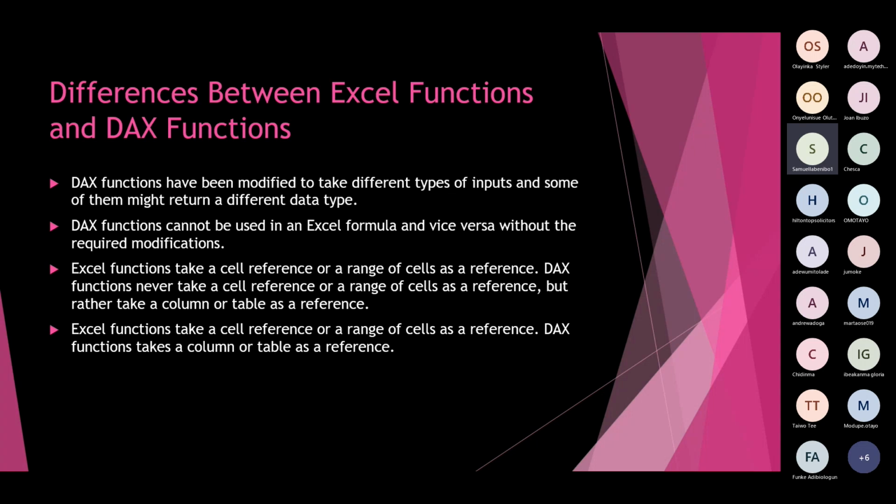Some of the functions written in DAX cannot work in Excel because, as a rule of thumb, Excel takes a cell reference or a range of cells as a reference when you want to call up its functions. But unlike Excel, Power BI takes a column. So Power BI can look at an entire column or an entire table as a reference. Do you understand this?